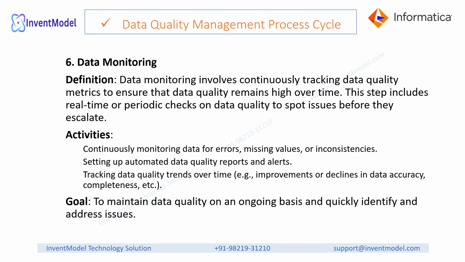These steps include real-time or periodic checks on data quality to spot issues before they escalate. So if you do not monitor these data quality metrics all the time, maybe some escalation can happen about the quality of data and we may have to pay a penalty also. So that's why we have to make sure that we are monitoring the metrics of data quality continuously.